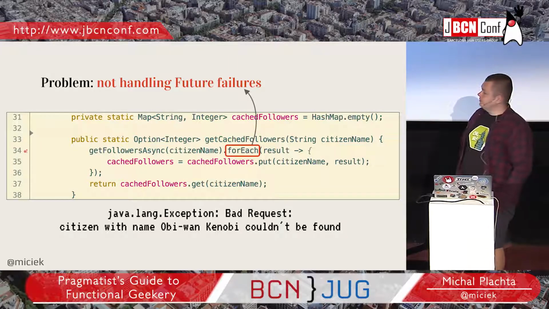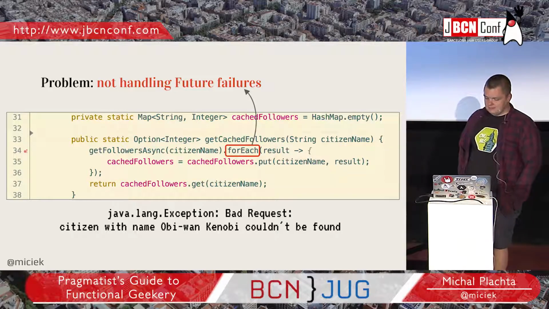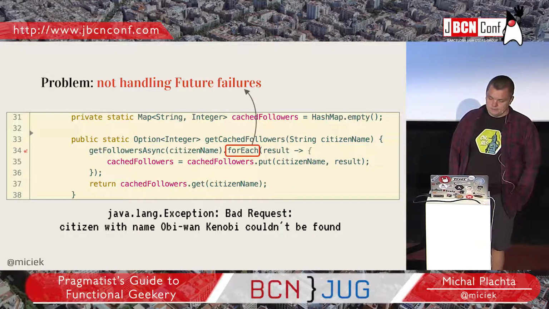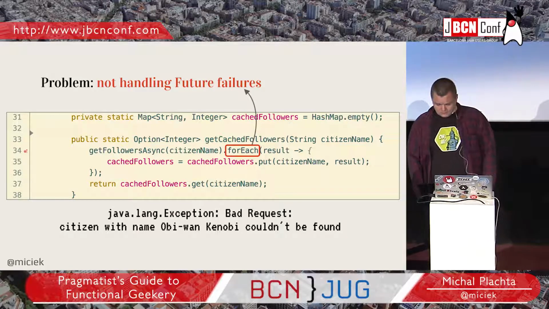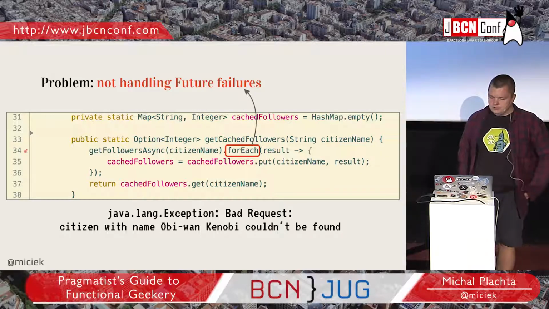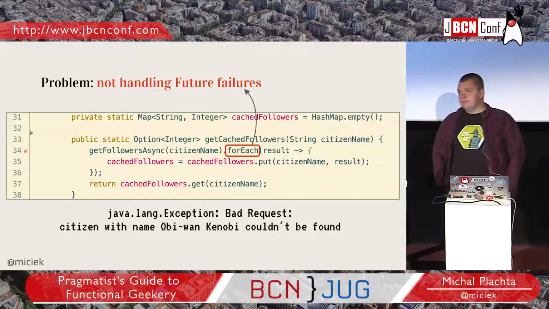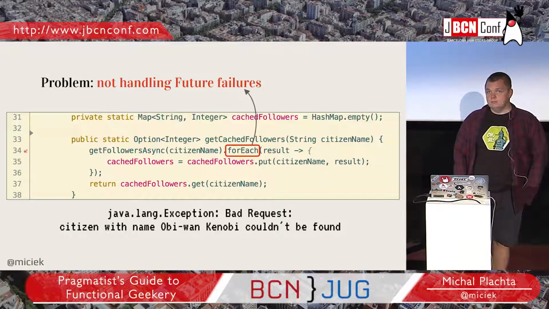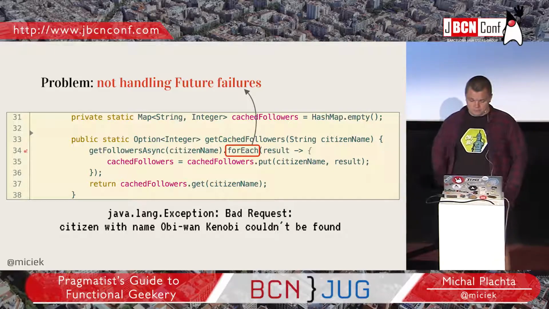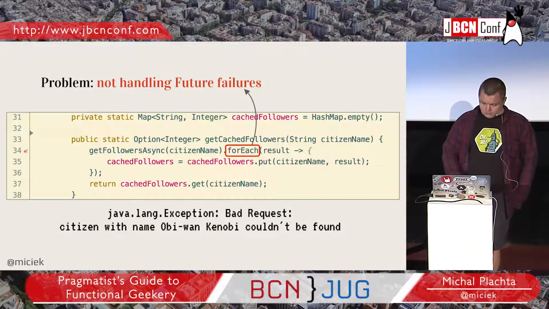And in our case, there is an exception because our DB client design is not very, very good, because it throws an exception whenever the citizen with the name we provide is not found. So that's something that we need to address also. But remember that there also may be some technical problems, like timeouts or other network failures. So we need to handle future failures. So what can we do?